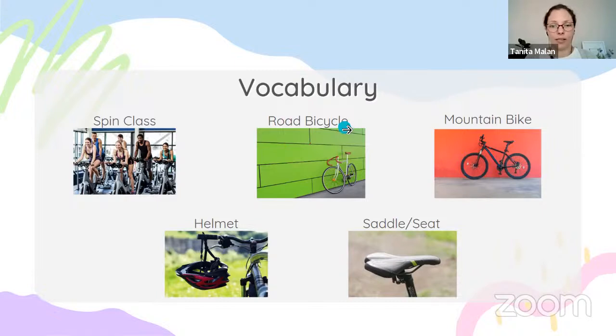We get a road bicycle. The main difference here is if you look at the tires, we can see they're very thin and small. Okay, that's perfect for the road. Whereas a mountain bike, which you might use in the mountains where there isn't a road, you can see the tires are quite thick and they're much bigger.